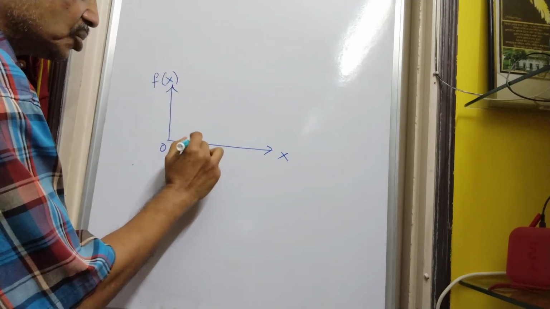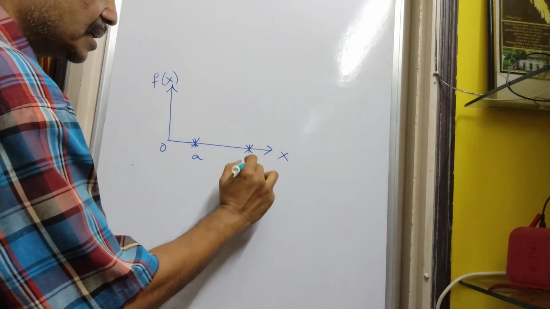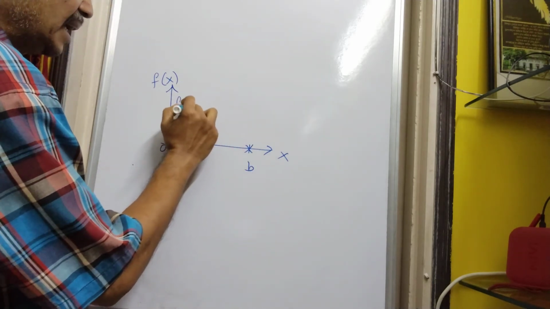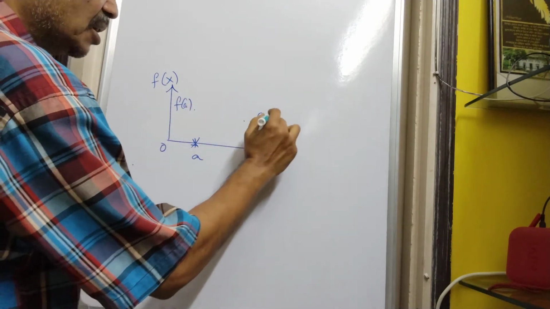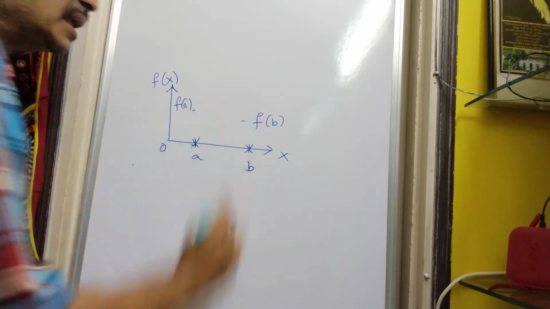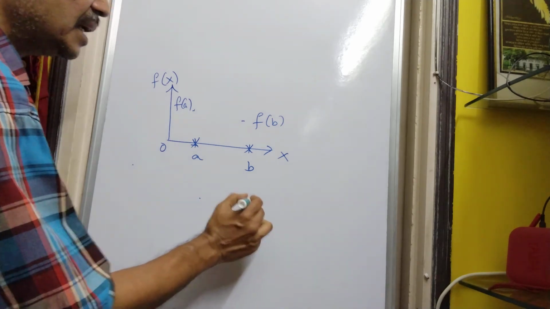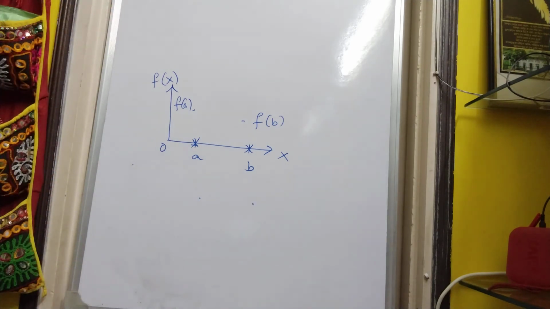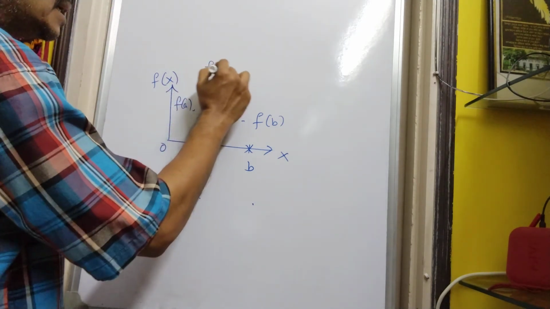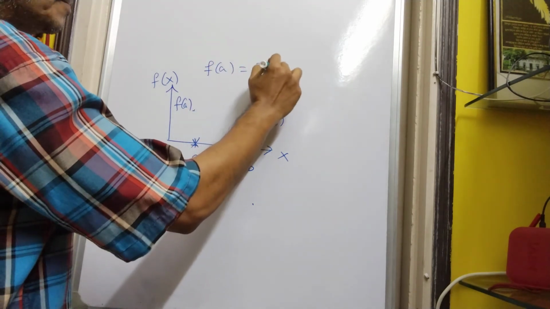Okay, so this is a and this is b. So this is f(a) and this is f(b). Obviously we have assumed that both are positive. We can as well assume that both are negative. Obviously it is given that f(a) and f(b) are equal.